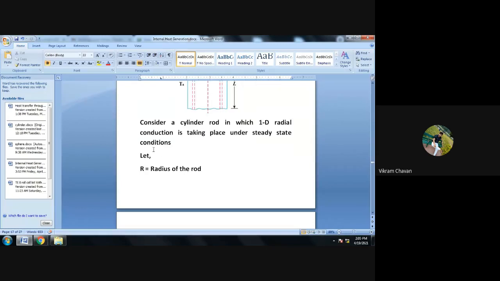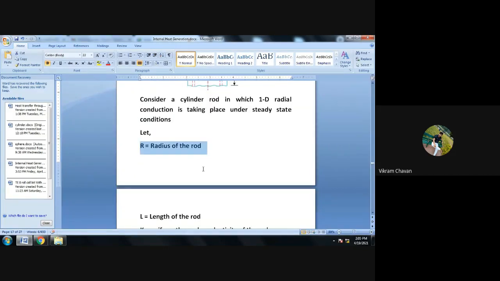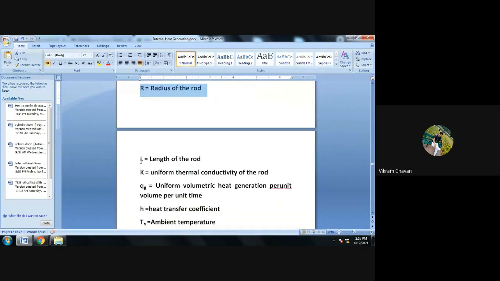We have considered R as the radius of the rod, the complete radius as capital R. L is the length of the rod, and K is the uniform thermal conductivity of the rod. Then, as we discussed just now, small q suffix g is the uniform volumetric heat generation, that is, heat generated per unit volume per unit time.